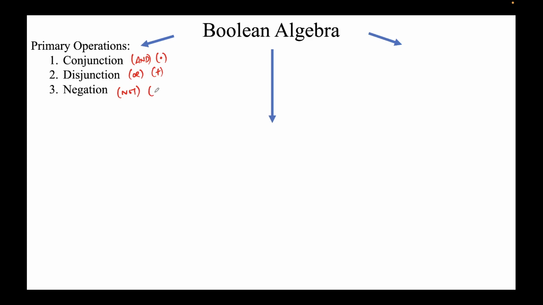The NOT gate is also denoted by a bar, A bar, B bar, something like that. These are the three primary operations. In the digital world we only have low and high, so that's zeros and ones, and we operate these conjunction, disjunction and negation on these values 0 and 1. All the inputs, all the variables, are either 0 or 1.